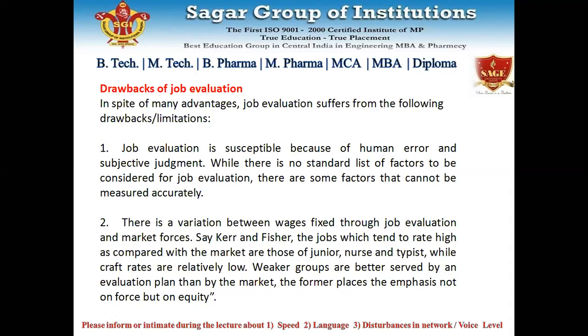Weaker sections have to be paid very high as far as market requirement is concerned, or evaluated against the market, like class 4 or class 3, because they are basically the spine or backbone of the industry, and what they do is the base of any organization or industry. On top of it, skillful people do that thing, because rating skill is not that easy, but the kind of repetitive work which class 4 or class 3 does can be rated a bit.